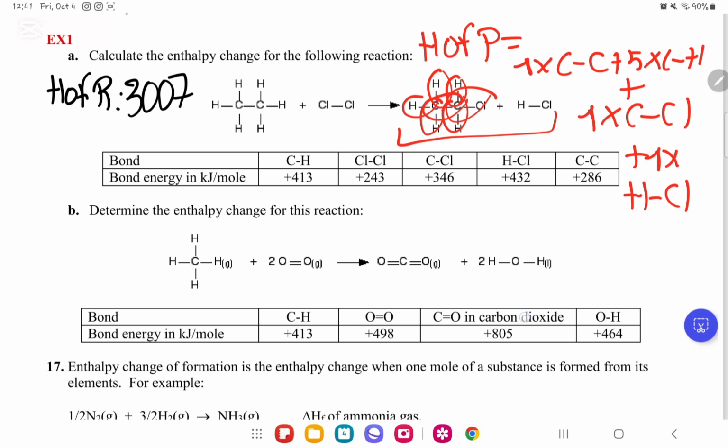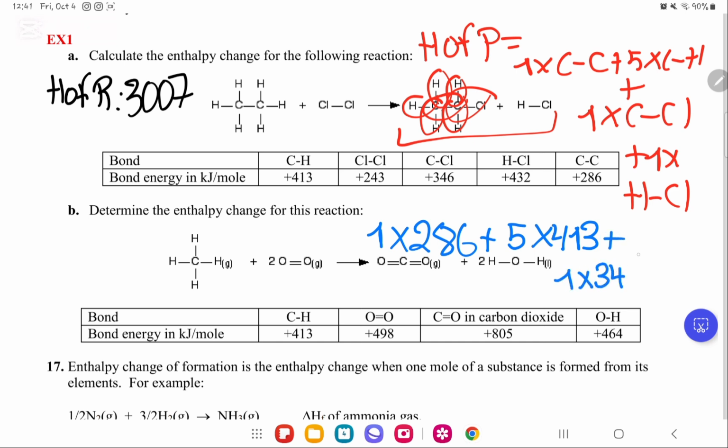If we're gonna replace it by values now, it's gonna be 1 times 286, okay, plus 5 times 413 plus 1 times 346 plus 1 times 432.